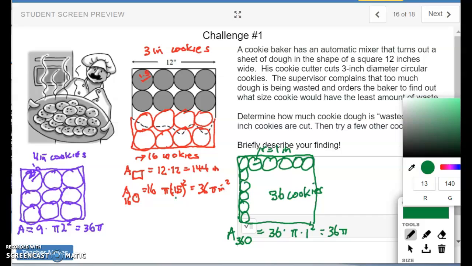Notice that it does not seem to matter: we're still using 36 pi square inches of cookie dough to create different numbers of cookies with different sizes. So is there any difference in the amount of cookie dough? No, there isn't. It really does not matter, but you do need to explain this.